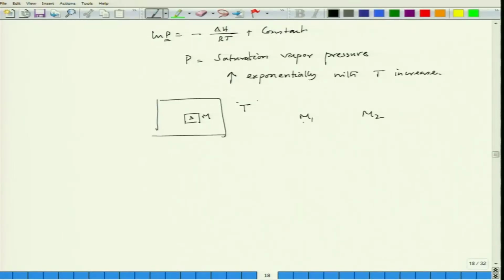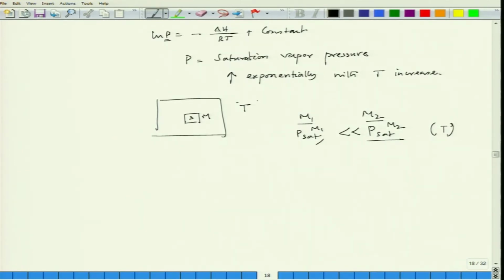If something has a very high saturation vapor pressure, that means that metal has a tendency to evaporate quickly. If we compare M1 and M2, and let us say M1 has saturation vapor pressure P M1 and M2 has P M2 at a particular temperature T, and if this is very high, then this one would evaporate much quicker than this.